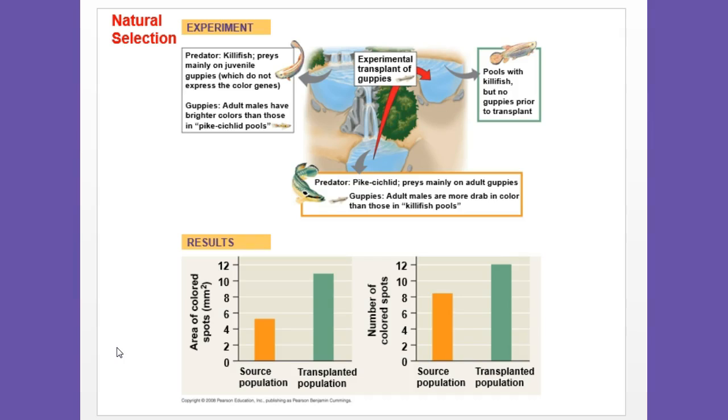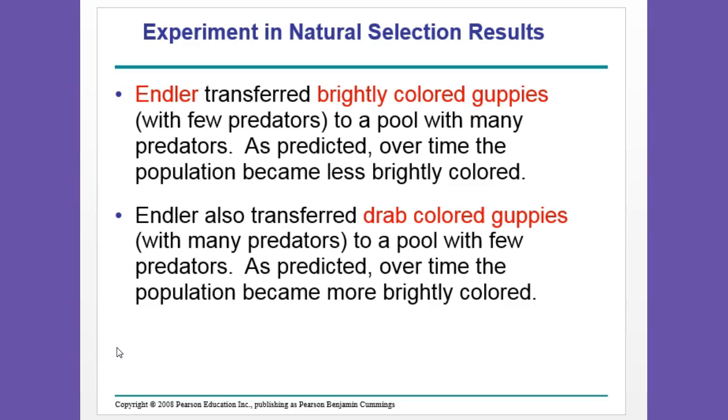Okay, it was drab in color because that predator in that pool was looking for that brightly colored guppy to help identify it as its prey. Okay? So it was advantageous based on what predator was present for the adult guppy to either be more drab or more brightly colored. Alright?